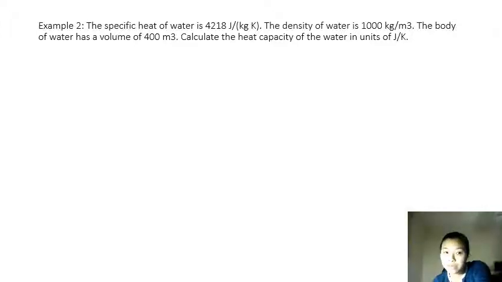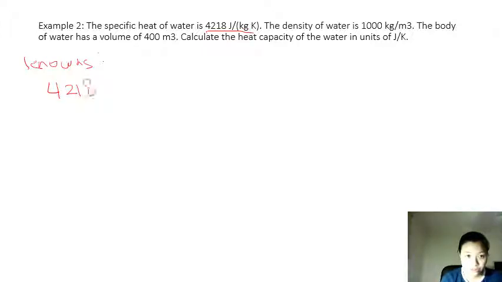For these knowns, I have 4,218 joules per kilogram Kelvin. I know that I have a density of water of 1,000 kilograms per cubic meter.